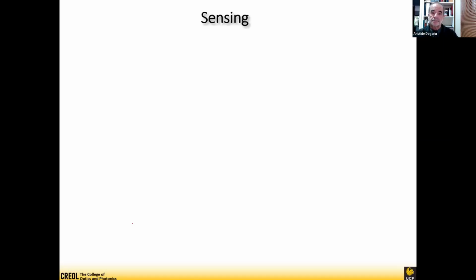All right, so we will try to talk in the remaining time about sensing. In other words, the transfer of information from a place where a phenomenon of interest happens to the user.